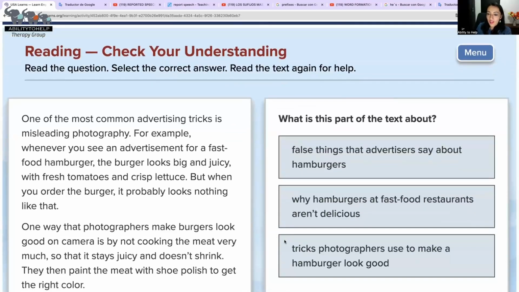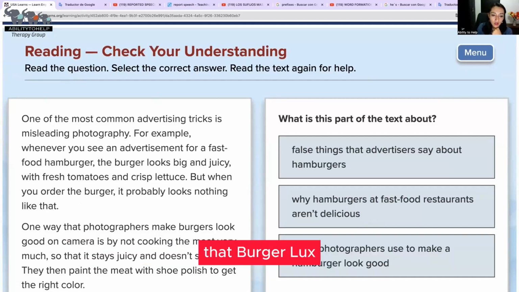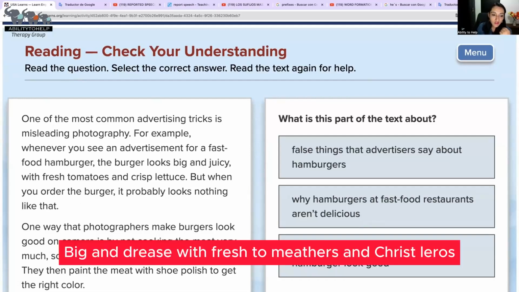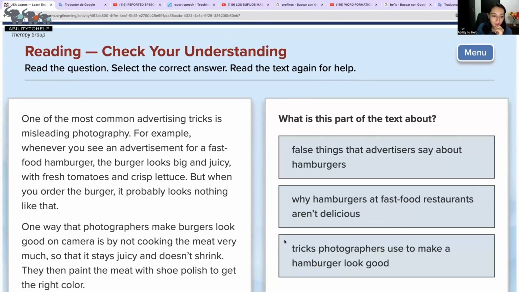False things that advertisers say about hamburger. So, one of the most common advertising tricks is misleading photographs. For example, whenever you see an advertisement for a fast food hamburger, the burger looks big and juicy with fresh tomatoes and crisp lettuce. But when you order the burger, it probably looks nothing like that.